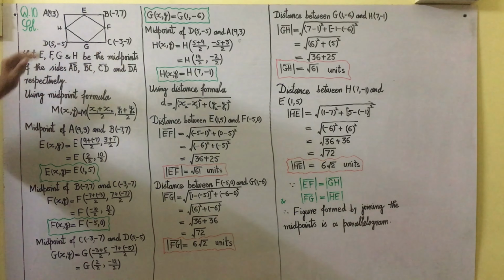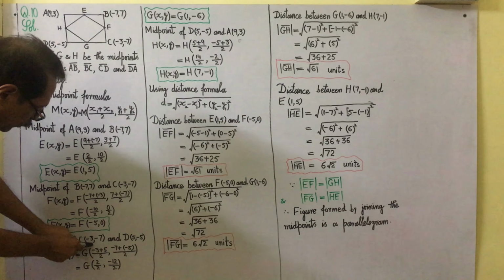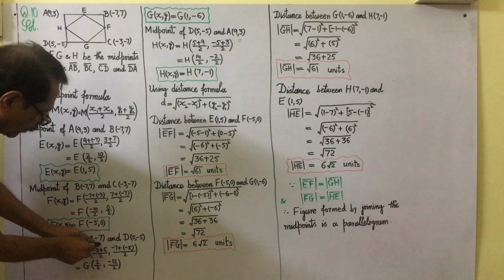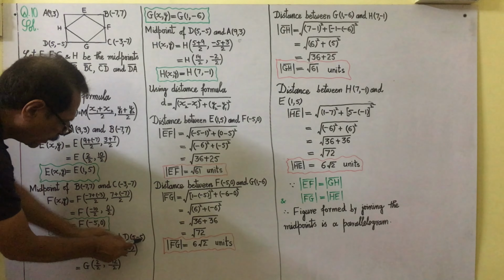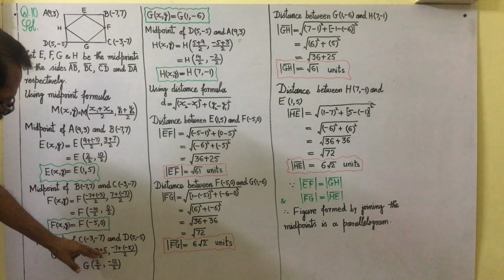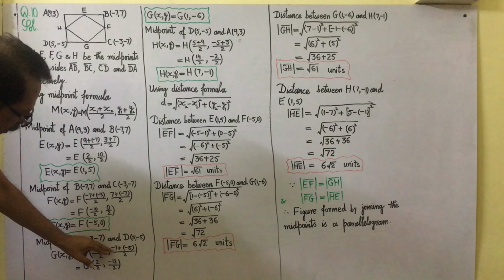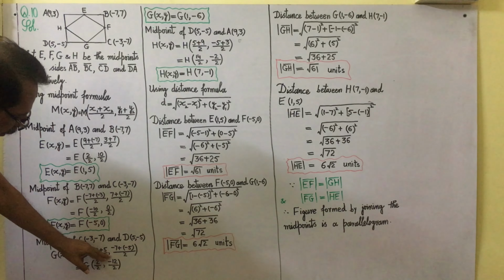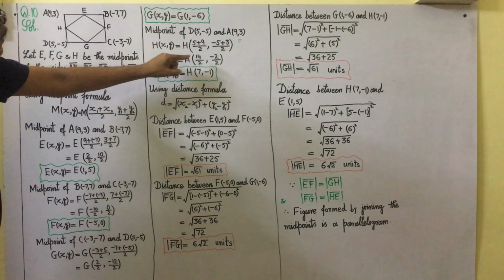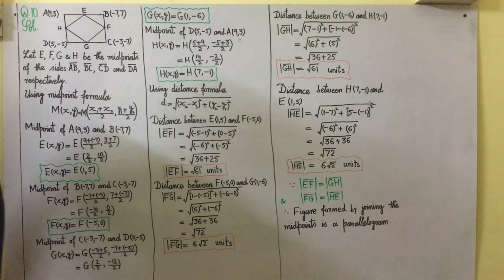Midpoint of C and D, again applying x1 plus x2, -3 plus 5 over 2, y1 plus y2 over 2, -7 plus -5 over 2. -3 plus 5 is 2, 2 over 2 is 1. -7 minus 5 is -12 over 2, which is -6. So G is (1, -6).